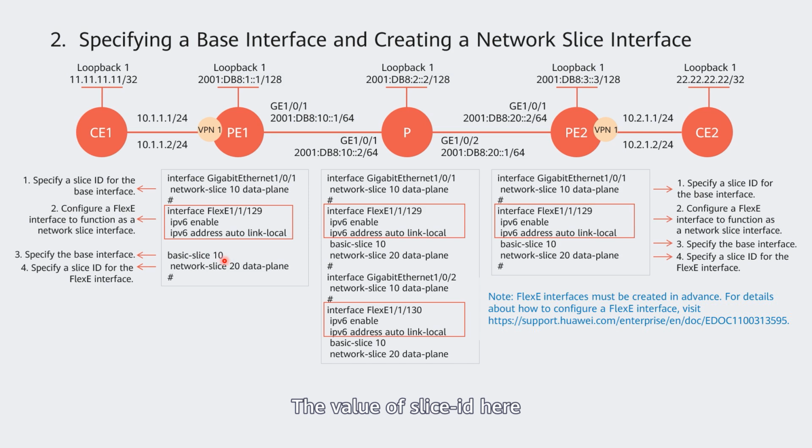The value of slice ID here must be the same as the slice ID of the base interface. Multiple network slice interfaces that belong to the same base interface form a network slice interface group.